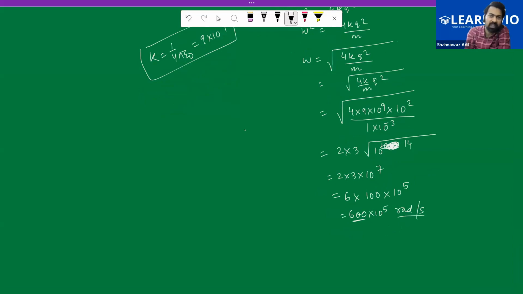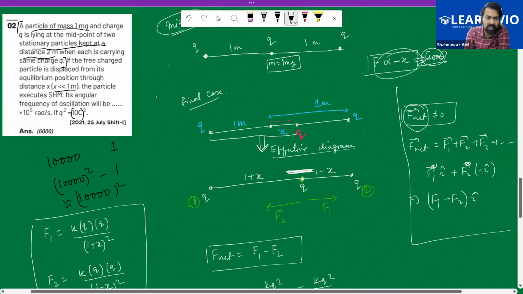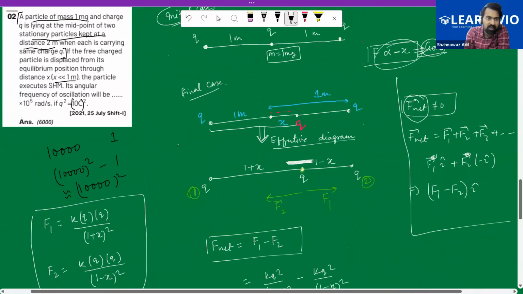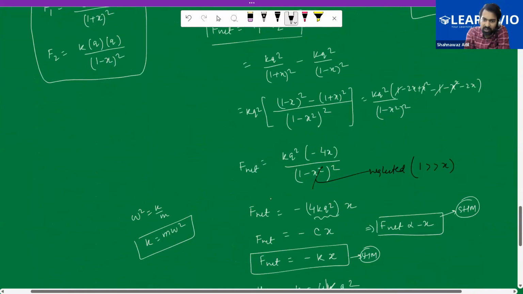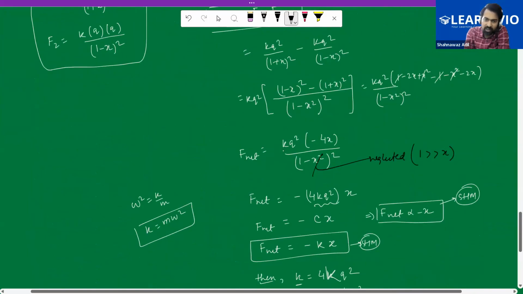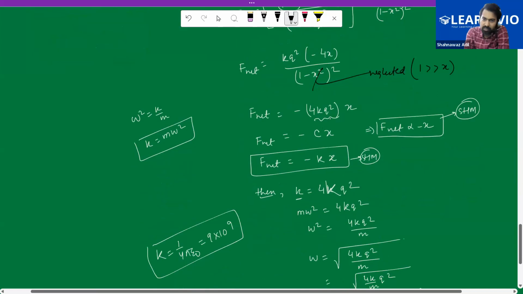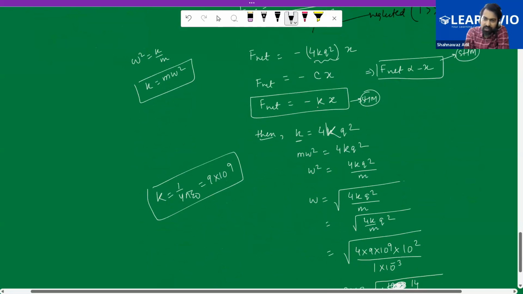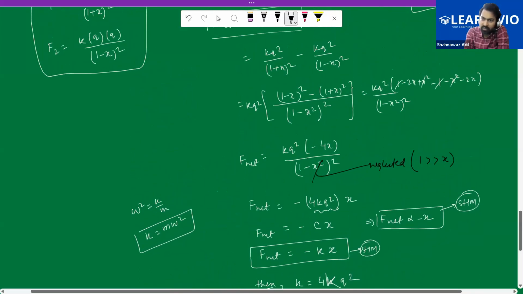I'm getting 600, but the answer is 6,000, right? Where did I miss a 10? This is 1 milligram, and this is 9 into 10 to the power 9. F is minus kx, and this k is 4kq square. Did I miss anything?